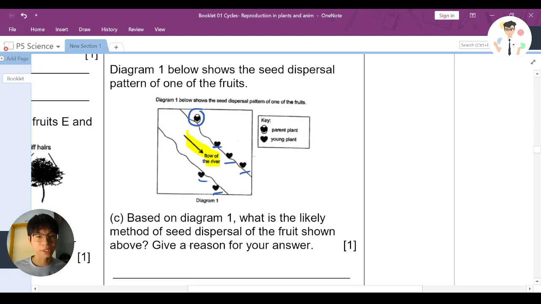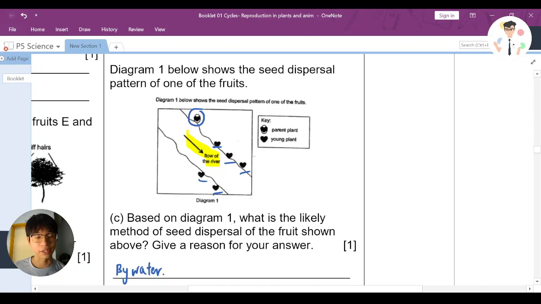But they're asking, give a reason for your answer. Why do you think it's water? Because all the seeds or the young plants are scattered following the flow of the river.